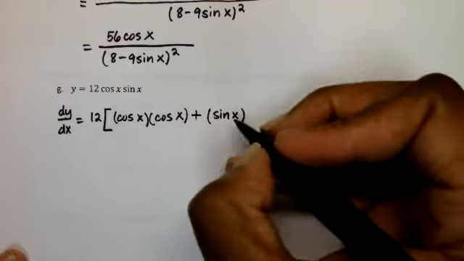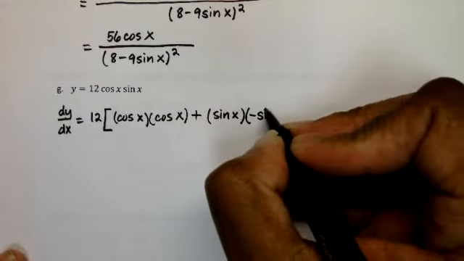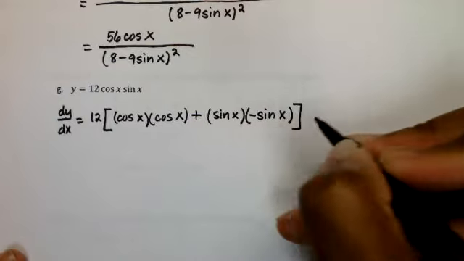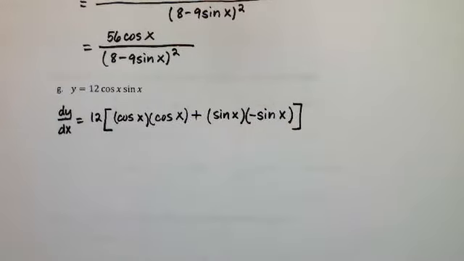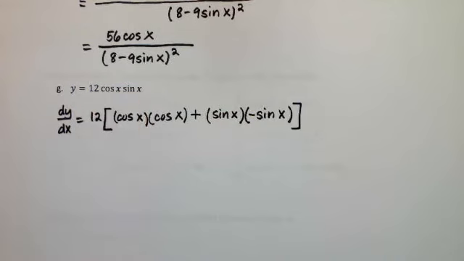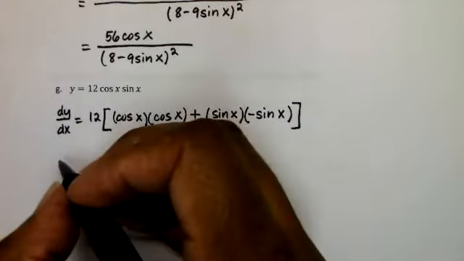The derivative of the cosine is negative sine x. Now, if you wanted to, you can just label the first as cosine of x and the second as sine of x, and then take its derivative using that product rule.